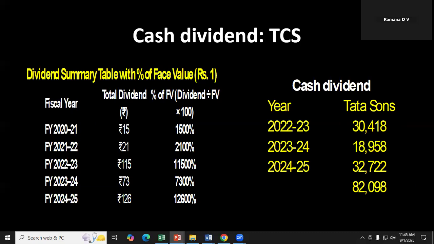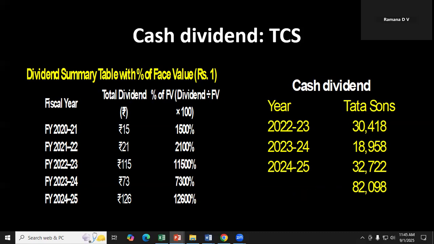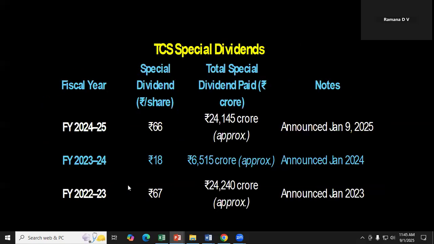So Tata Sons, the major shareholder of TCS, has received 82,000 crore from TCS in the last 3 years. So in Vedanta Limited, it's a transfer of money from an Indian company to a foreign company. And in case of TCS, it is a transfer of money from a listed company to an unlisted company. Tata Sons till today is an unlisted company. And interestingly, this dividend per share includes a special dividend.